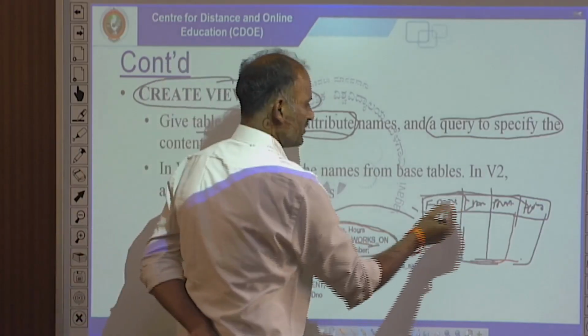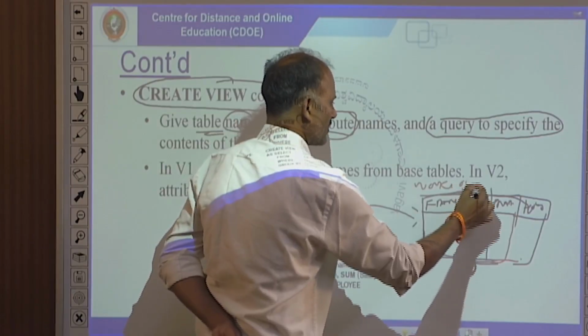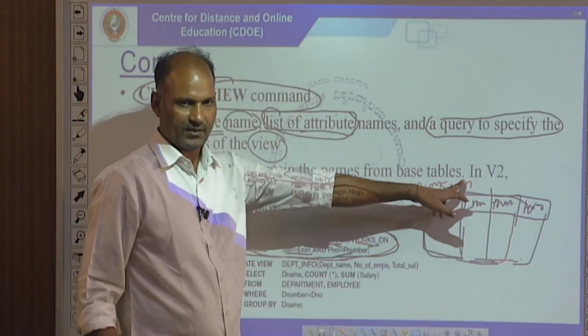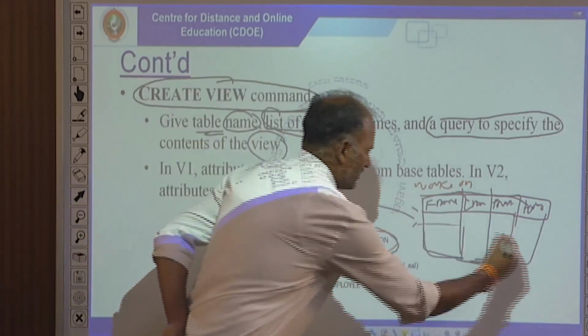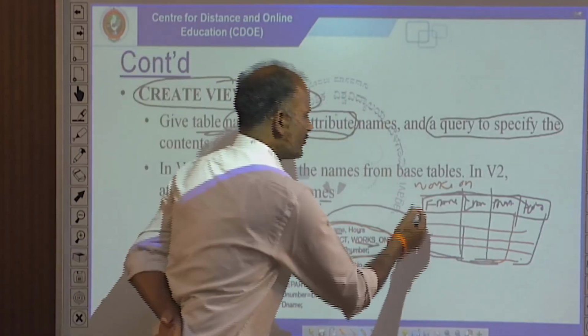So works_on is the view, right? Now this contains some records, called a virtual table.